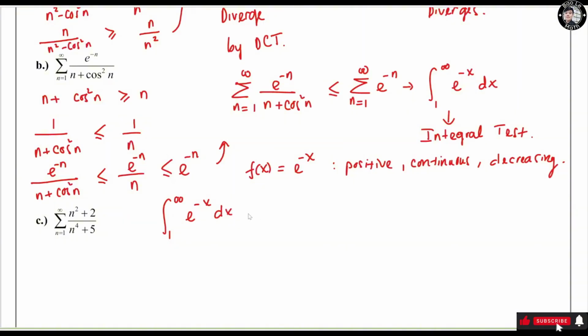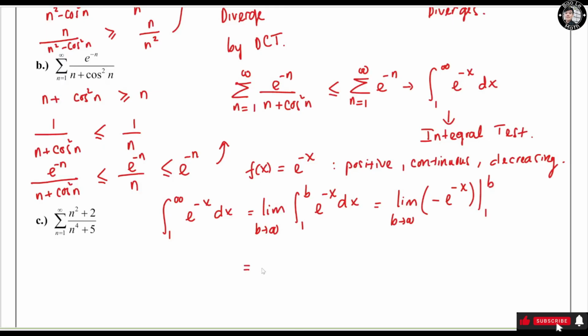So I'm going to calculate the integral from 1 to infinity of e to the negative s ds, which equals the limit when b approaches infinity of the integral from 1 to b of e to the negative s ds, right? So it's going to be the limit when b approaches infinity of negative e to the negative s evaluated from 1 to b.